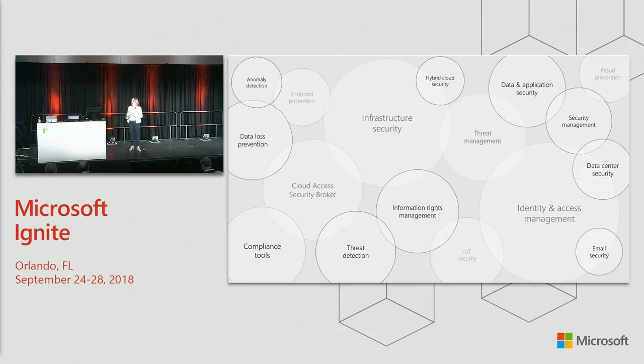And while we do see some acquisitions and some consolidation in the market, there's also a ton of innovation from new vendors and emerging categories of solutions. So don't expect this landscape to become simpler in the next couple of years. If anything, it will just continue to become more diverse and more complex.